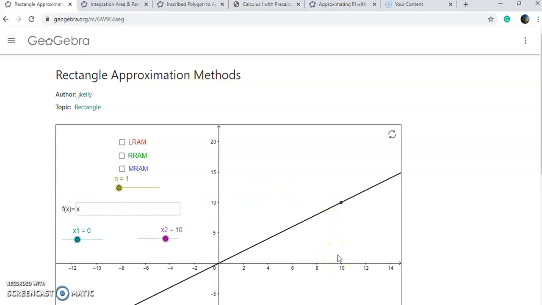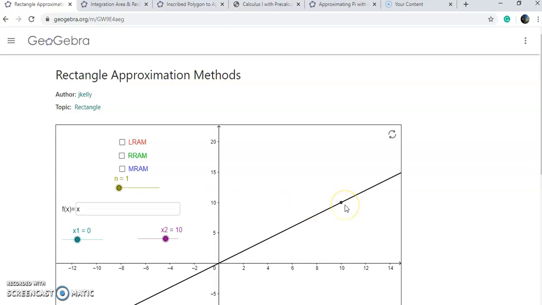If we are looking for the area below the graph from 0 to 10, we will have a triangle. All this part will be a triangle. We know that the base is 10, and the altitude is also 10.